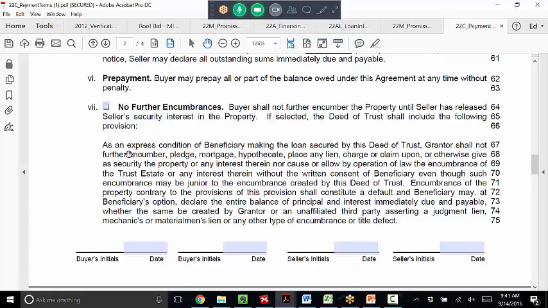As an express condition of beneficiary making the loan secured by this deed of trust, grantor shall not further encumber, pledge, mortgage, hypothecate, place any lien, charge, or claim upon, or otherwise give as security the property or any interest therein, nor cause or allow by operation of law the encumbrance of the trust estate or any interest therein without the written consent of the beneficiary, even though such encumbrance may be junior to the encumbrance created by the deed of trust.